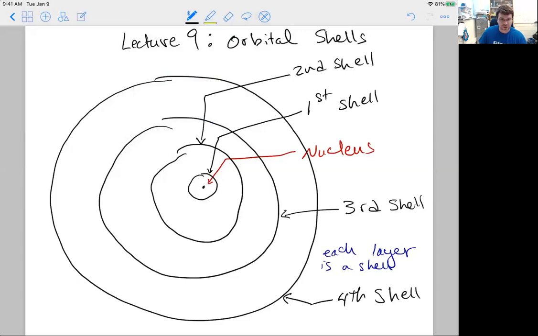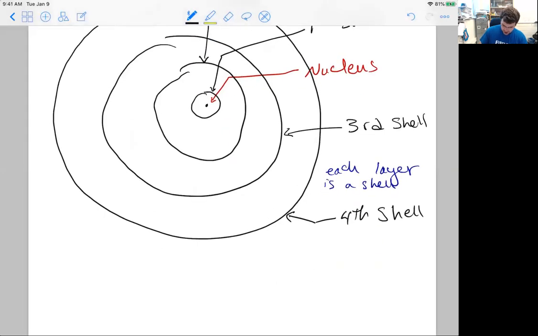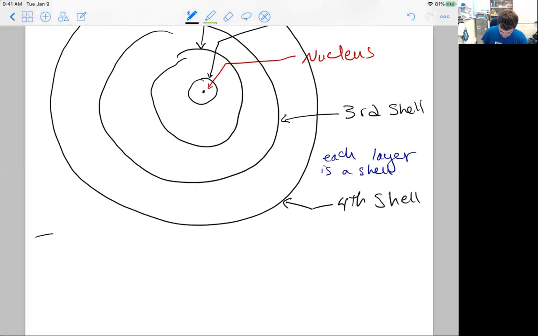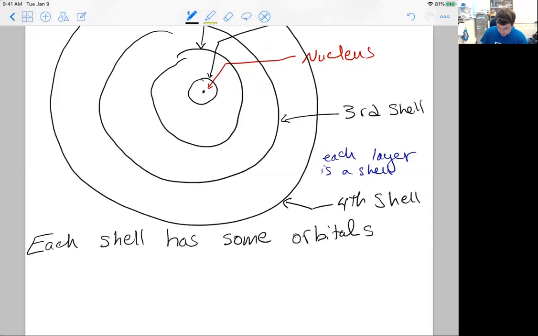Now, it turns out that each shell holds orbitals. So each shell has some orbitals.